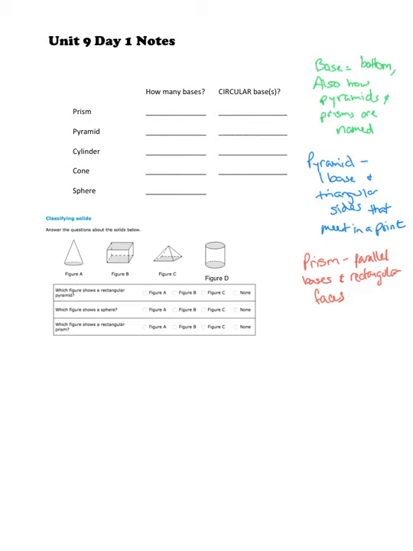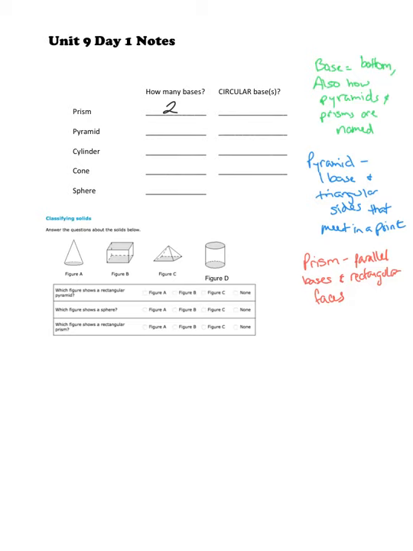Now, let's look at this. So a prism has how many bases? It has 2 bases. They're parallel, and a prism has parallel bases with rectangular faces. So if the faces, the sides of our prism are rectangular, you don't have no circles.